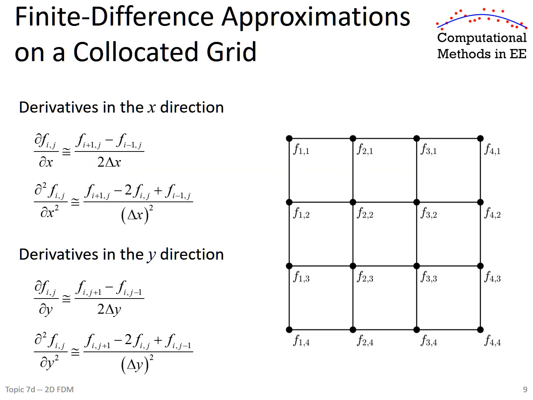There's 2 types of grids that we'll talk about in 2 dimensions. We have what's called a collocated grid. That means all of the functions are stored at the same points on the grid. So we might have multiple unknowns, f, g, h, and more, but we're always storing them at the same points. In which case, the finite differences we have written on the slide are the finite differences that we use.